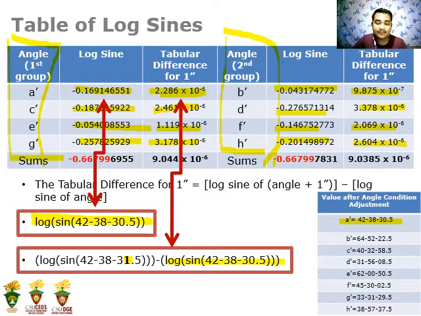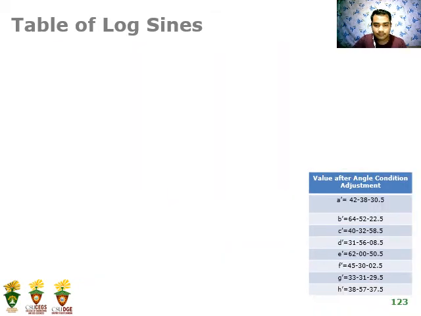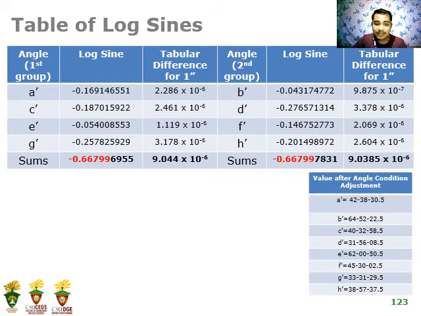Afterwards, we are going to get the sum of the log sines. We add all these log sines from the first group and the sum of the log sines of the second group. When we add them, we have a sum of negative 0.667996955, and for the second group we have negative 0.667997831.